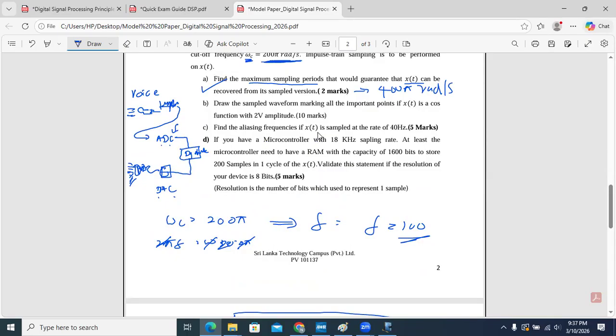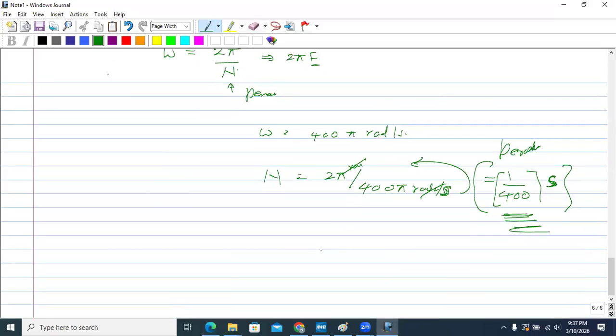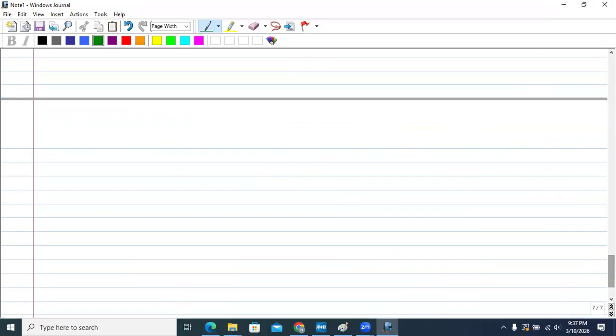Now there is another signal. If x(t) is a cos function with 2-volt amplitude, then the output signal will be x(t), a cos function.